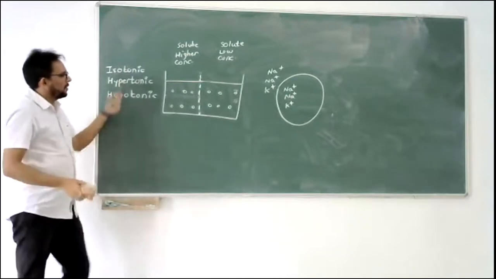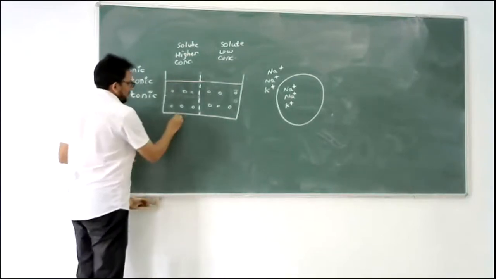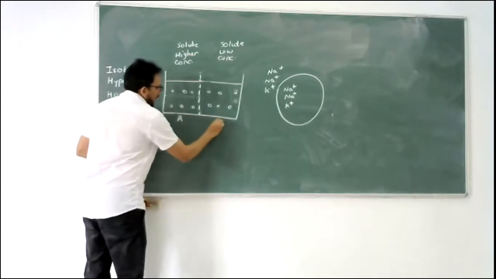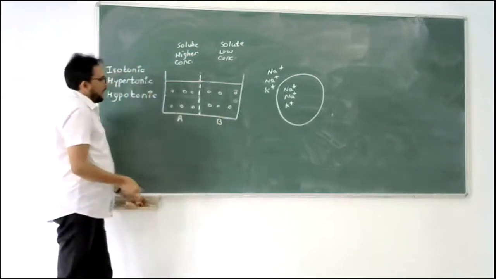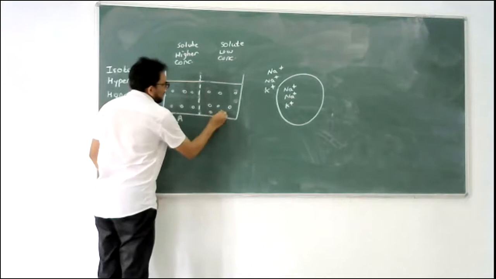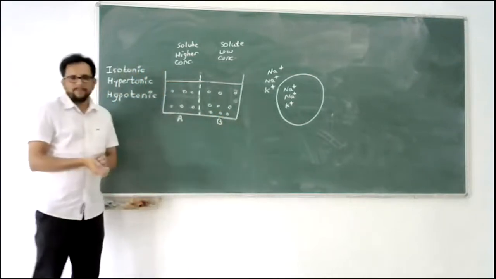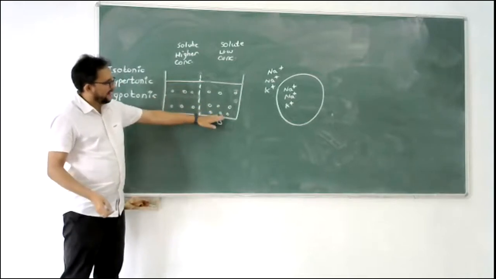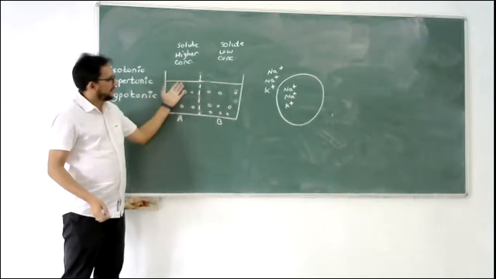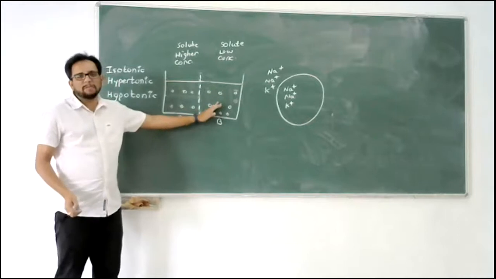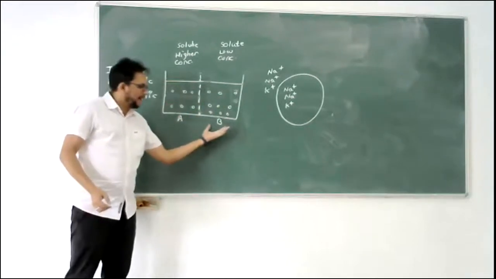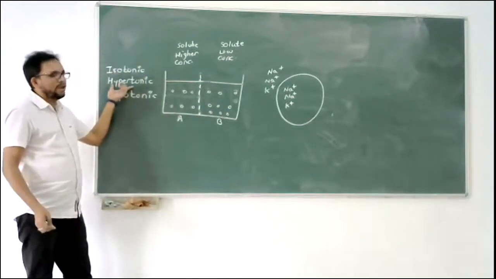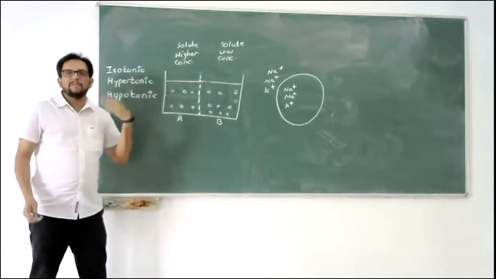Now, hypertonic. Let's say I label this as compartment A and compartment B, and here I add more solute. Right? Now here I have 6 molecules of solute and 9 molecules of solute, same amount of solvent in both the compartments. Hyper means higher, more.